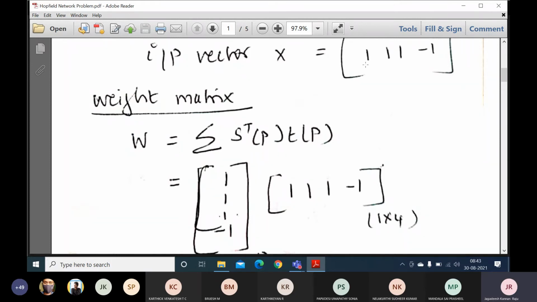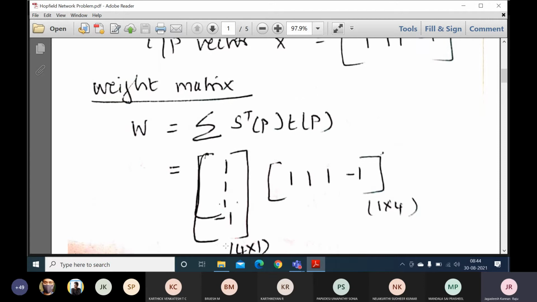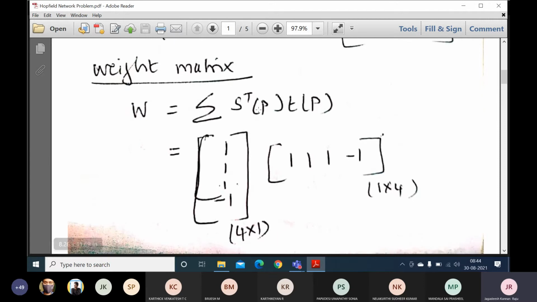So this X is equated to S and Y is equated to T. X is given as 1, 1, 1 and -1. The transpose of this row matrix will become a column matrix. And this is nothing but my output. Whatever my y is, I am equating to the target output.